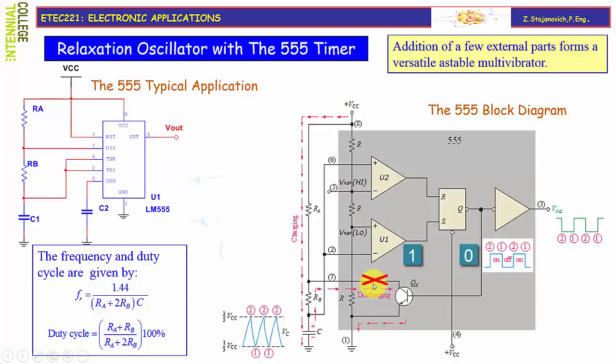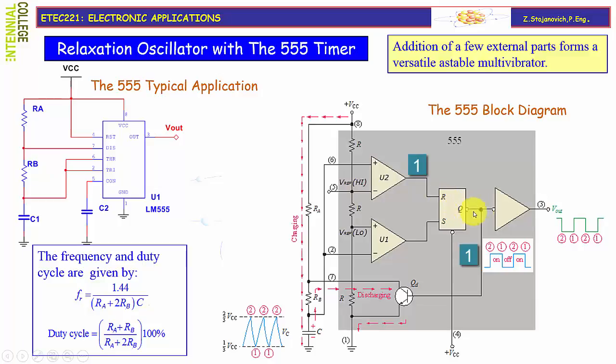So it's practically disconnected from the charging path. In this case, the capacitor will start charging through a series combination of resistors RA and RB, so the voltage will rise exponentially. When this voltage exceeds slightly Vref high, the output of U2 goes high and resets the flip-flop.